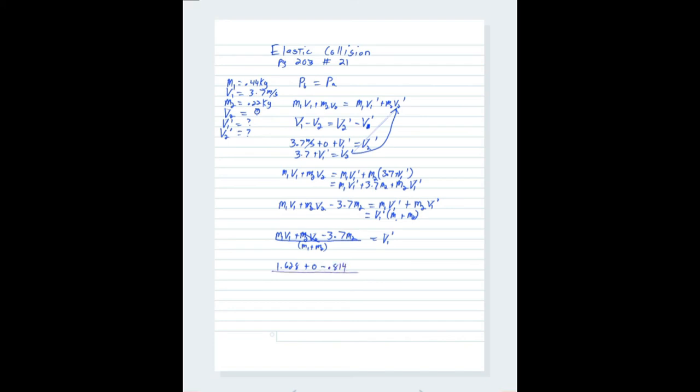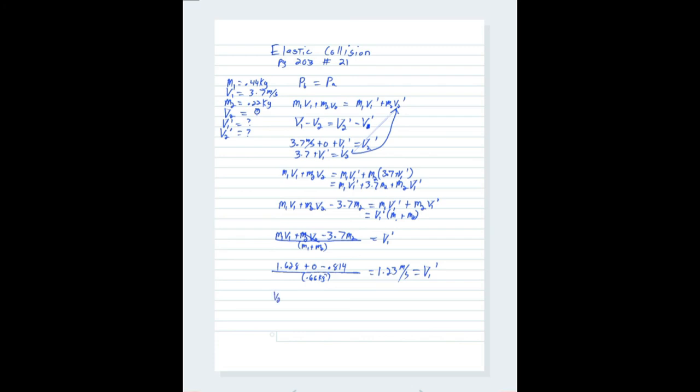And I divide that whole thing by mass 1 plus mass 2, which is 0.66 kilograms. Okay, so I have 1.628 minus 0.814 divided by 0.66. So I get V1 prime is 1.23 meters per second.